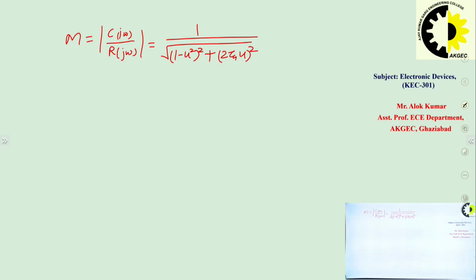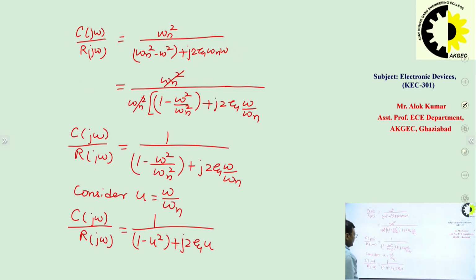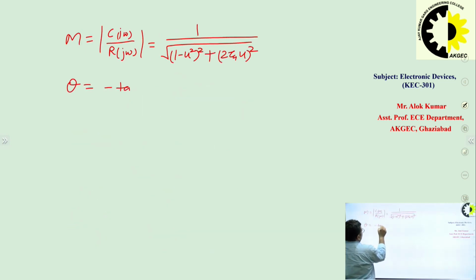So this will be the magnitude. Similarly, we can calculate the angle. Angle theta will be minus tan inverse of the imaginary part, that is 2 zeta u, divided by the real part, that is 1 minus u square. So this will be the angle.